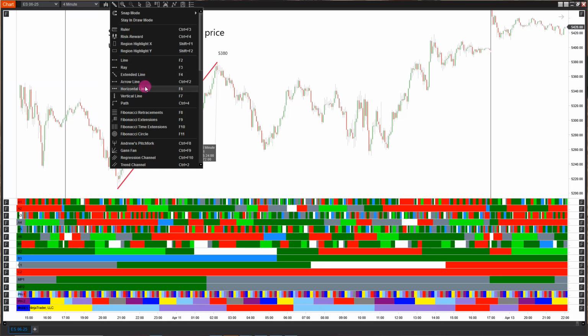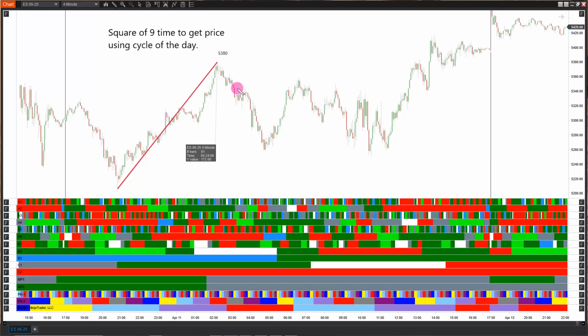So I'm going to drop a horizontal line in at 53.47. And that's right there within a tick. So you can see that was the end of the first push down in the downswing. So you could use these as targets on the way down to take pieces off.